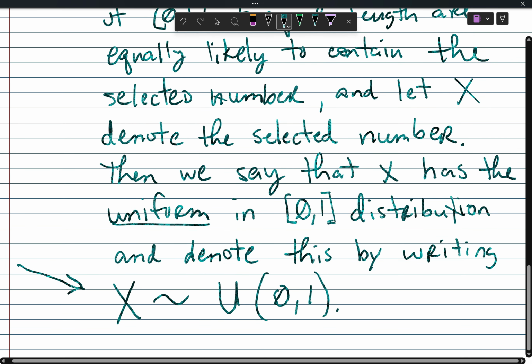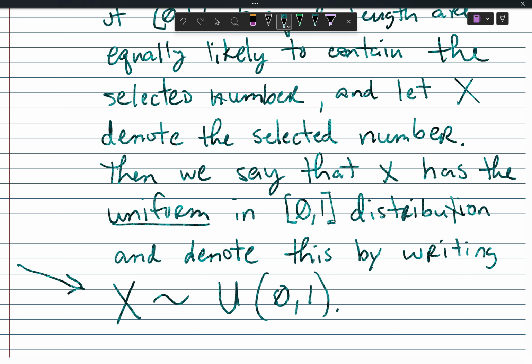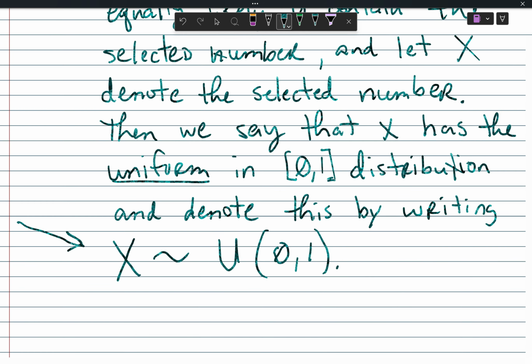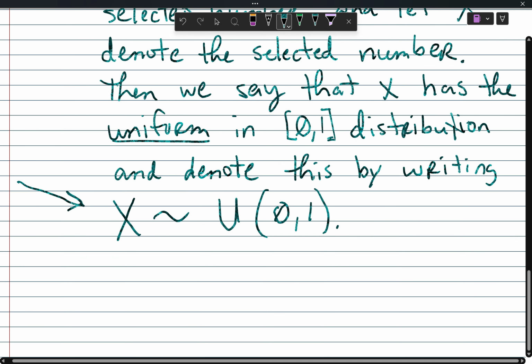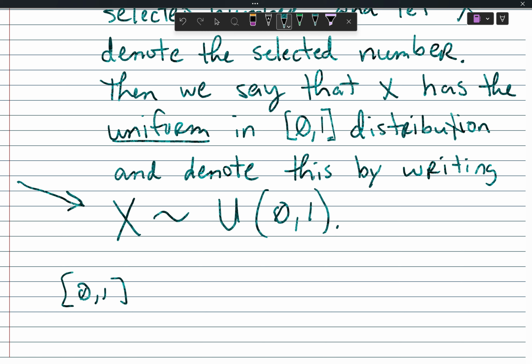If you go back to that second relation that I wrote, it said P(X in an interval of length L) equals L. That relation implies that the probability distribution of the uniform in the interval 0 to 1 random variable is known.